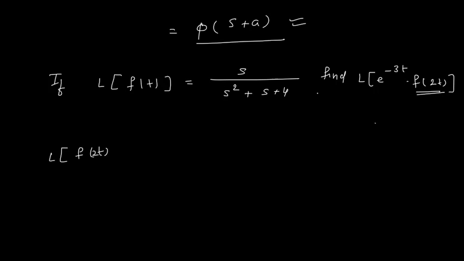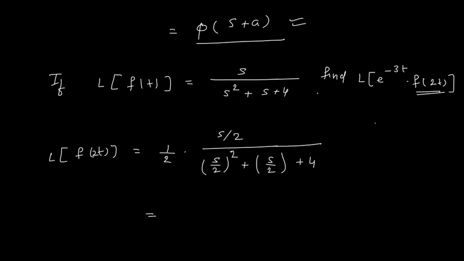So Laplace of f of 2t will be equal to, we are going to use the scale property. By scale property it is 1 upon a, that is 1 upon 2, into each s is going to be replaced by s upon a. So this is s by 2 the whole square plus s by 2 plus 4.